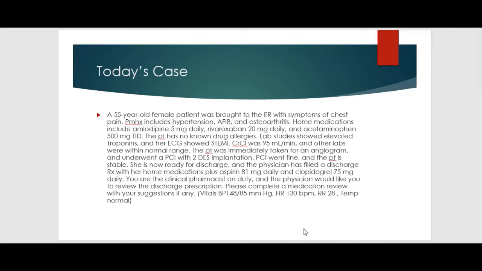So what you need to look at immediately is her past medical history, her current problem, which is the STEMI and the PCI that she went for. So this is the current complaint, and this is the past medical history. So those two together.